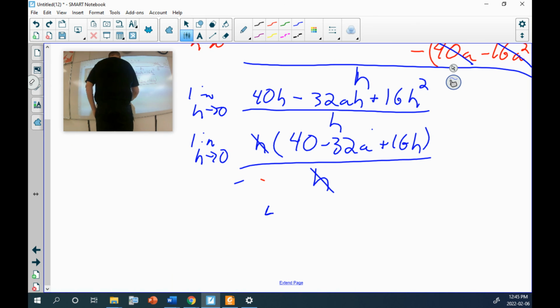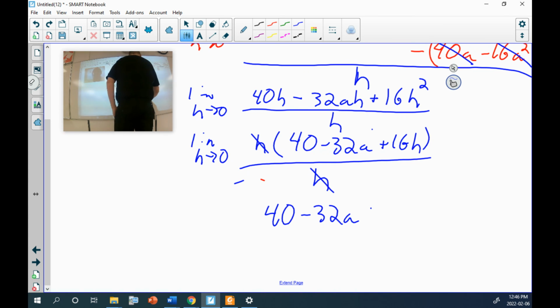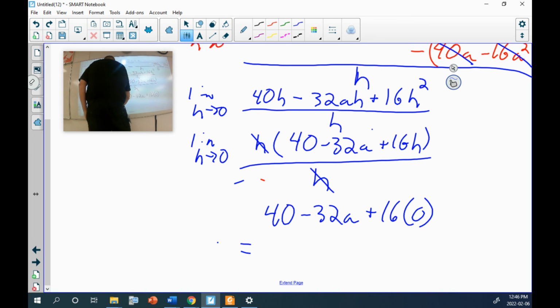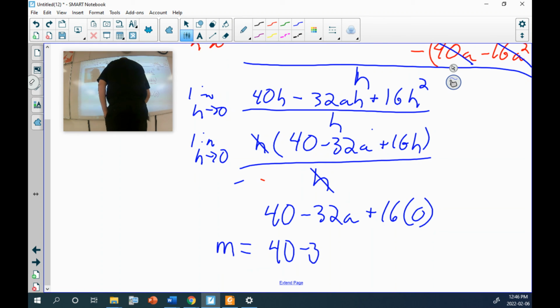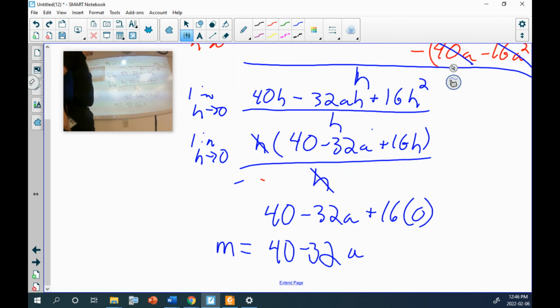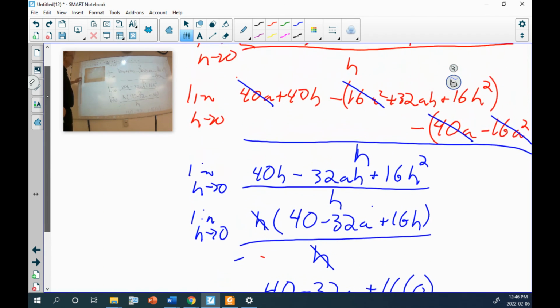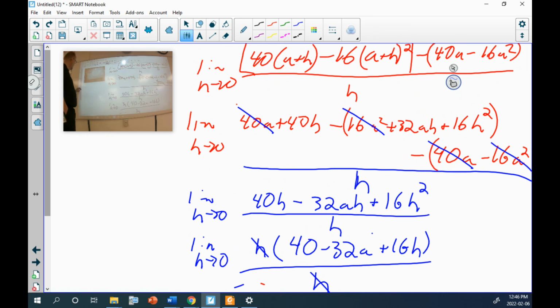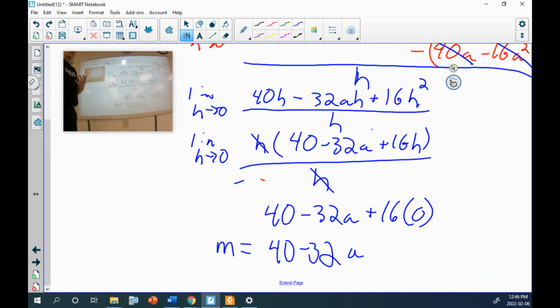So what I have is 40 minus 32a plus 16 times 0, and therefore my slope is described by the function 40 minus 32a. Again, it doesn't matter where on that function we're talking. If I wanted to know the slope at 0, plug in 0. If I wanted to know the slope at 16 seconds, I would plug in 16, and so forth.